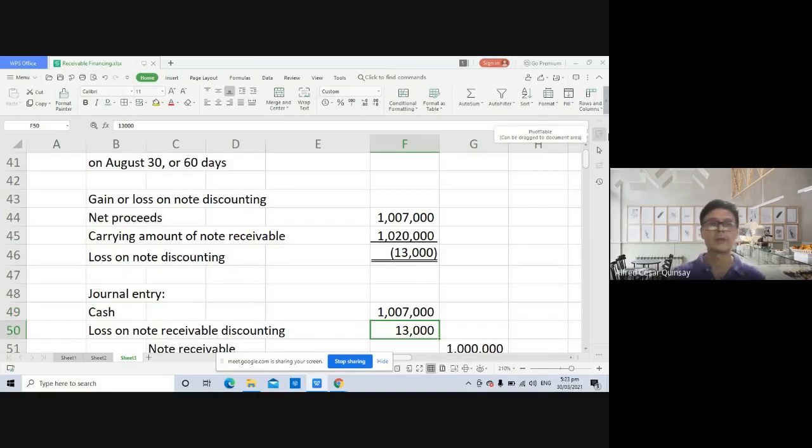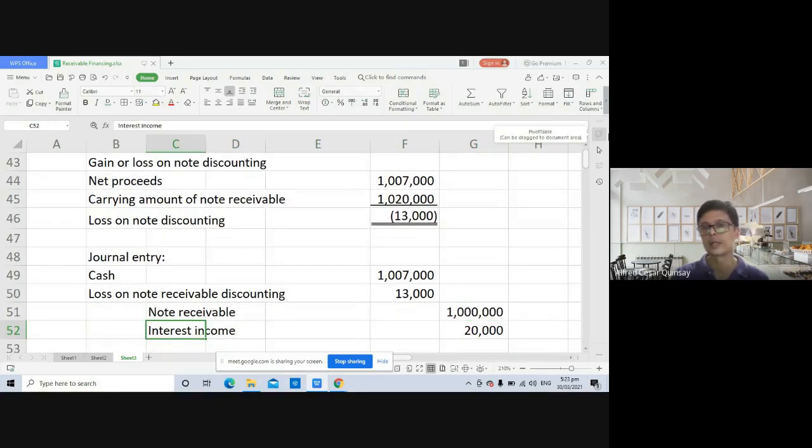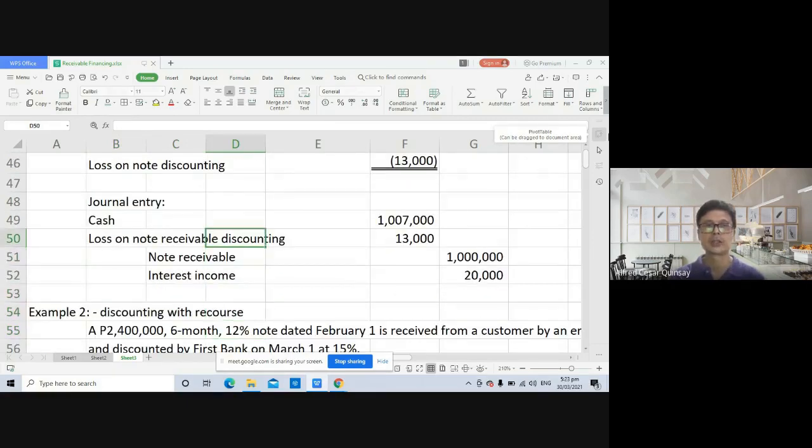And then yung note receivable niya is 1 million, of course yung face amount ng note. And then, of course, yung interest income, since nag-bear ng interest yon. Ito yung principal, by the way, yung note receivable na 1 million. Ito yung interest of 20,000. So, merong loss. Yung balancing figure would be the loss of 13,000 pesos.